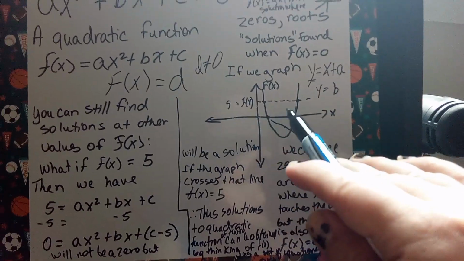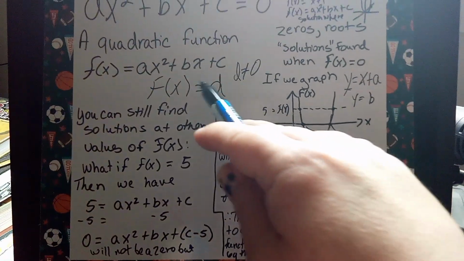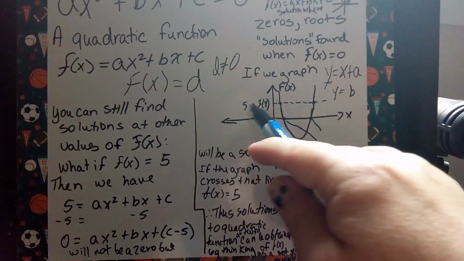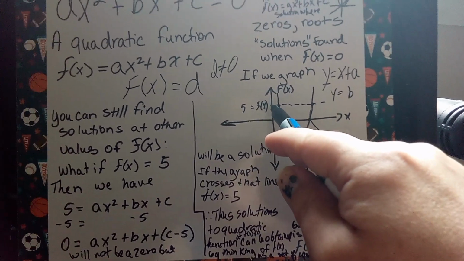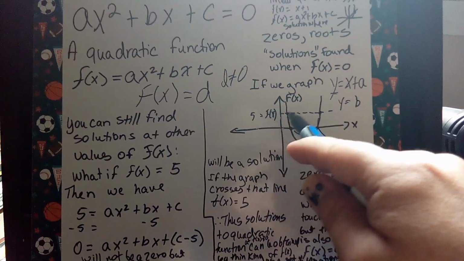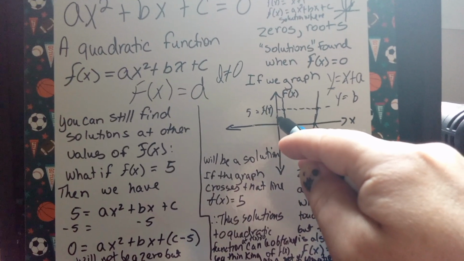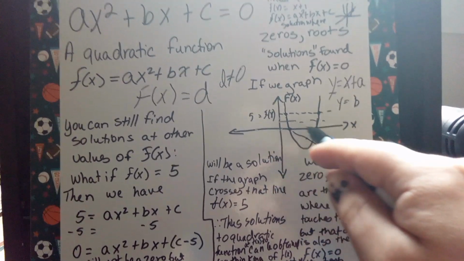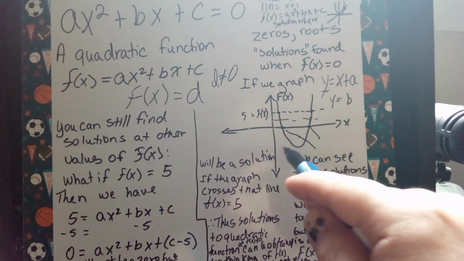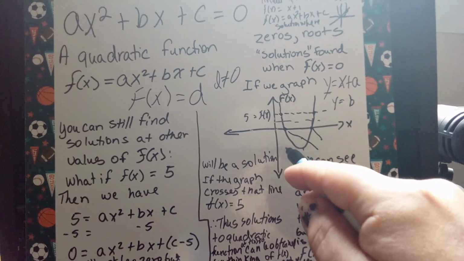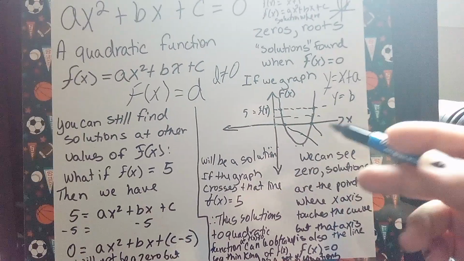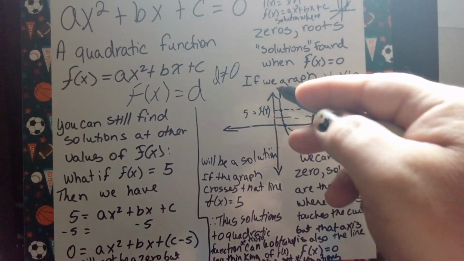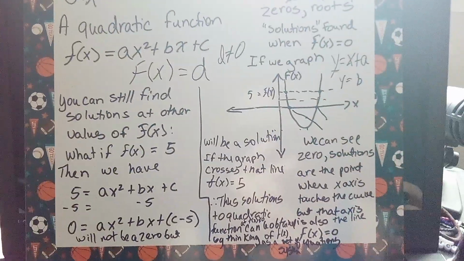In the same way, if you set the value of f of x differently, then you're going to get different lines. You check to see if each touches, and it will give you different solutions. For example, you may end up with one repeated solution, but for all the other ones, you end up with two solutions.